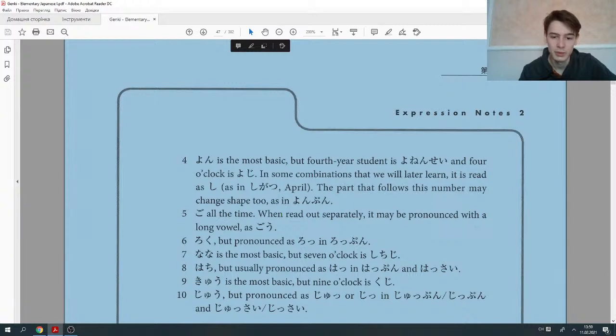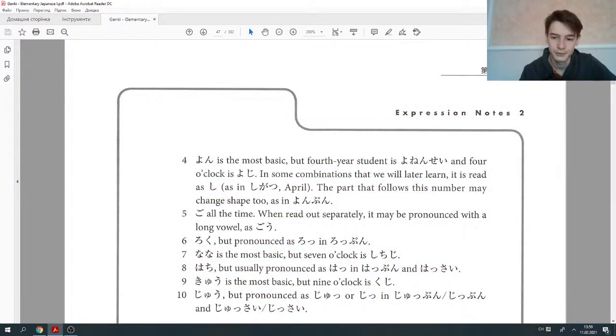Go all the time when you read, I pronounce it as go. Roku, but pronounced as roppun. Here you just keep it, two minutes, roppun, or if it's minutes, I forgot what that is. Nana, it's nana, but 7 o'clock is shichiji, but usually nana. Hachi pronounced as happun, and hassai. Kyu, but 9 o'clock is kuji.